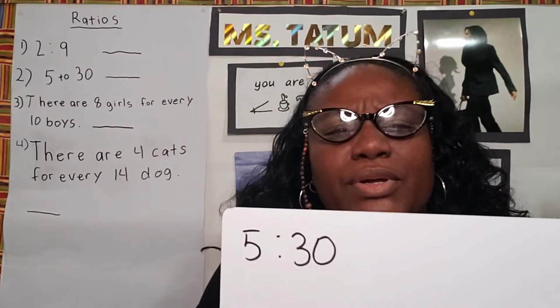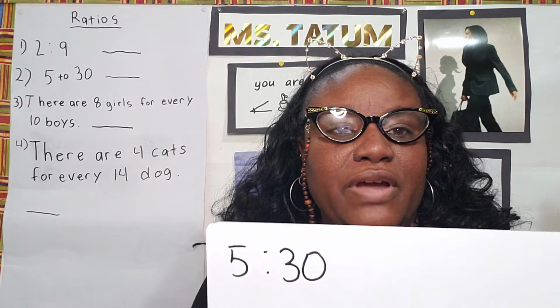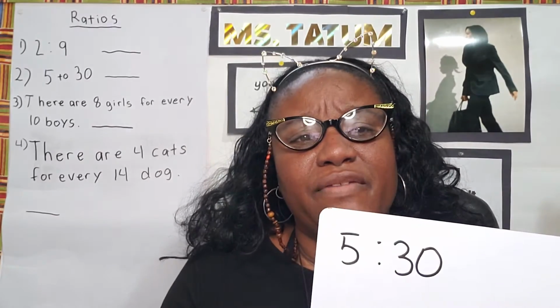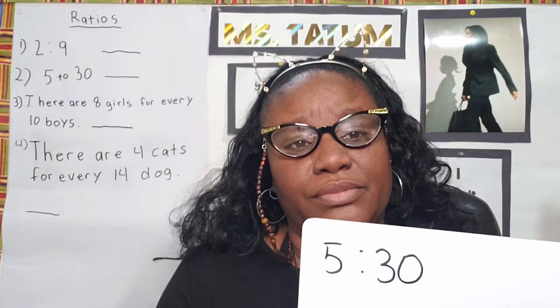How would I write this ratio, 5 to 30, as a fraction? If you're in class and you have a test, often the teacher is going to expect you to reduce it to lowest terms.